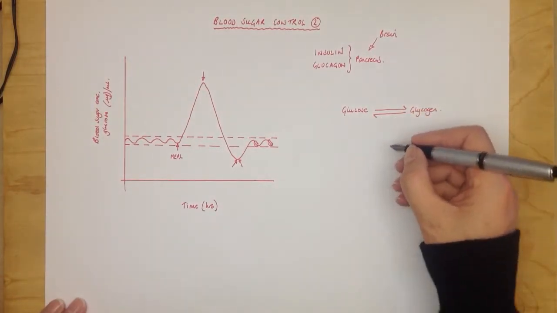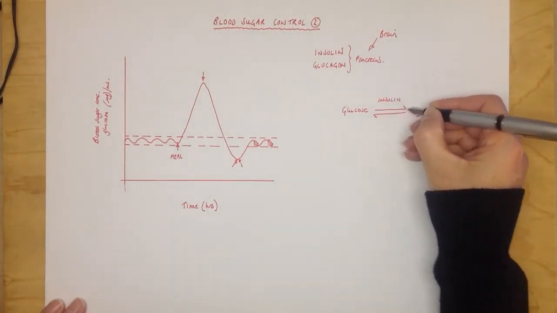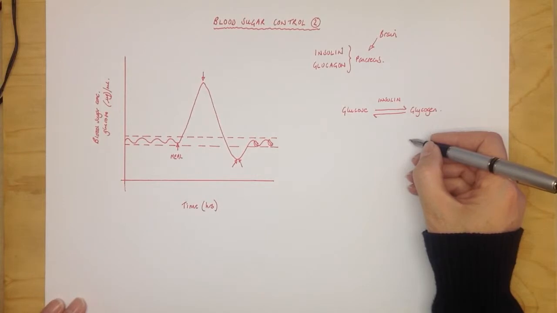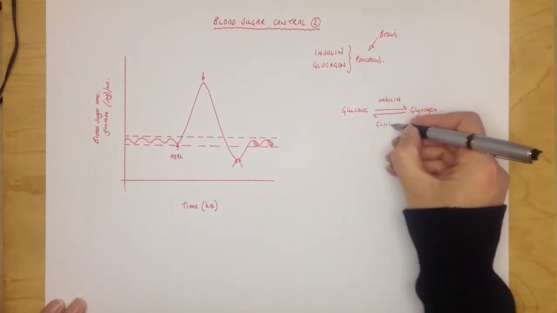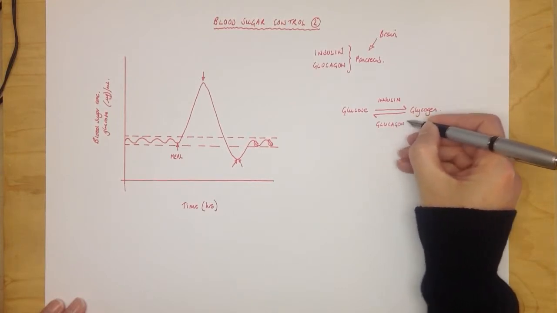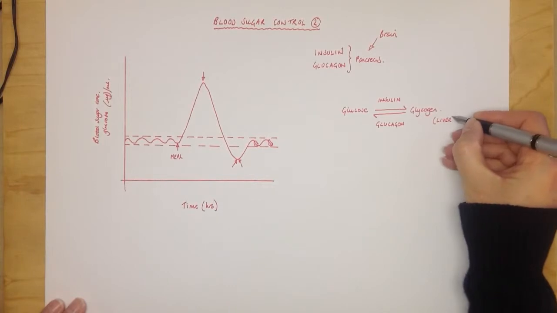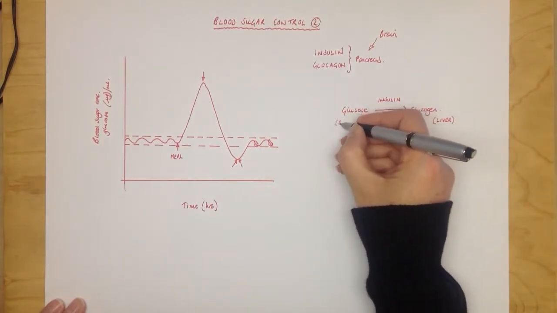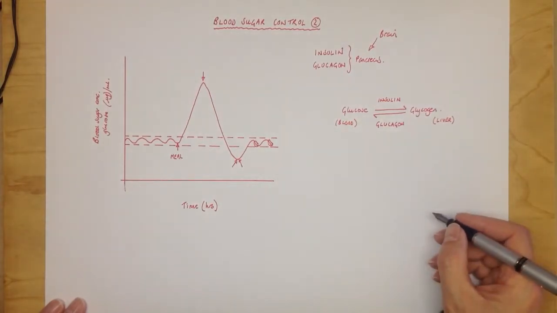If you want to turn glucose into glycogen, the pancreas needs to make insulin, and if you want to turn glycogen back into glucose, the pancreas needs to make glucagon. So that's in the liver, stored, and that's in the blood. That's the basis really of the hormonal control of blood sugar.